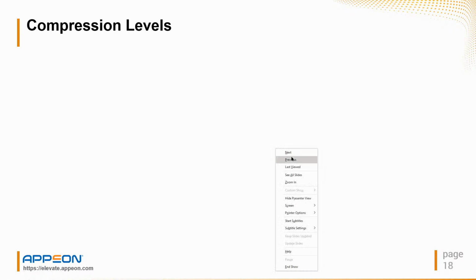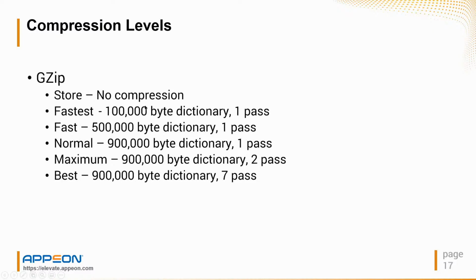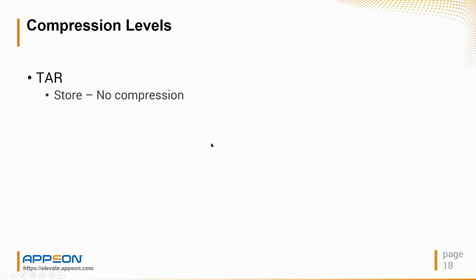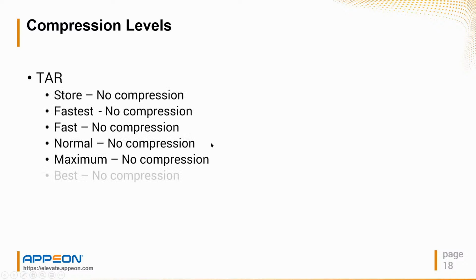It increases the size of the dictionary, and like zip, it increases the number of passes it makes. In the case of gzip, it makes 2 passes or 7 passes rather than 3 or 10. And once again, the byte dictionary increases in size. And then for tar, remember tar is a storage format, so it really doesn't matter which of the options you indicate. It's only going to do a store in every case, because there's no compression going on at all.